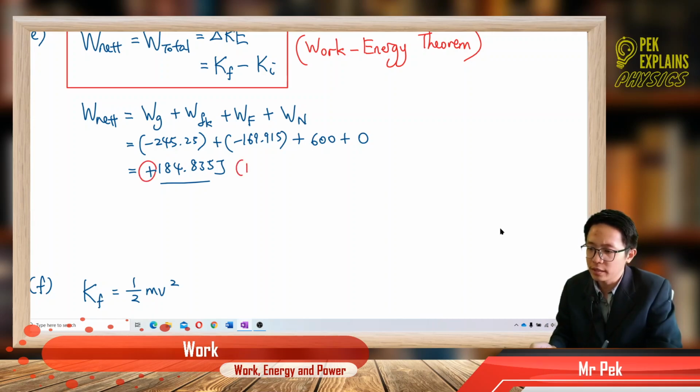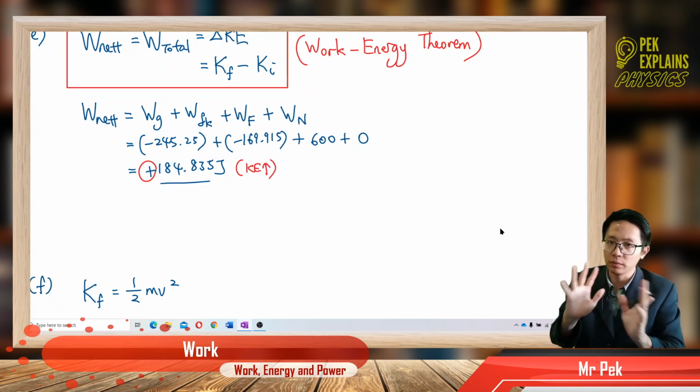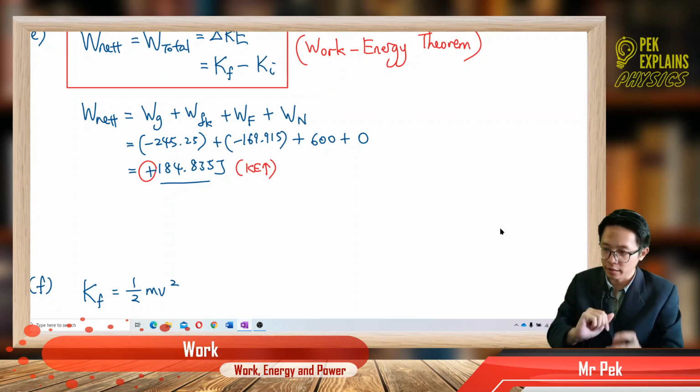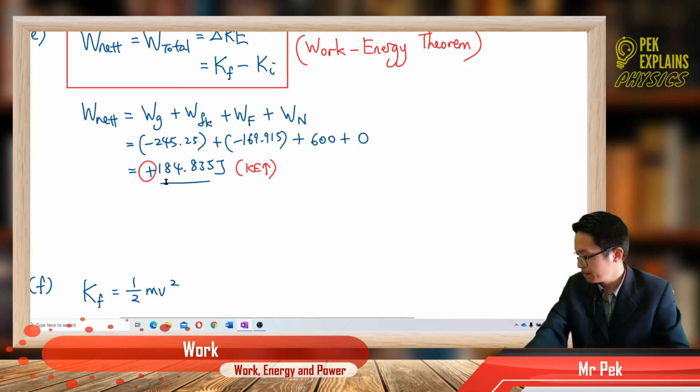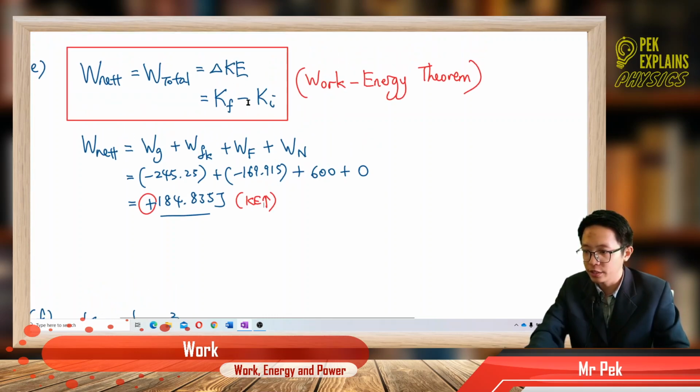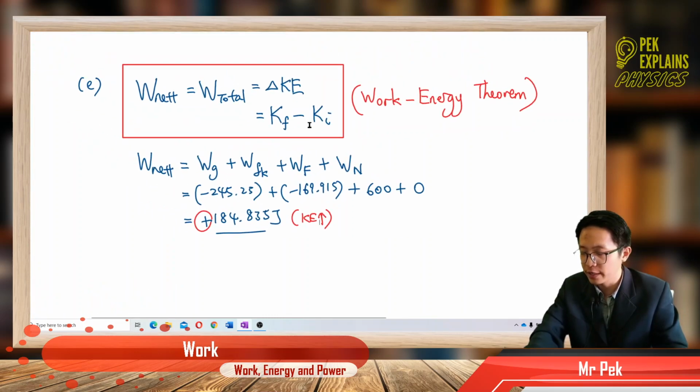The total work done is positive, which means the kinetic energy of the object will surely increase. So we use the work energy theorem to find the final kinetic energy.